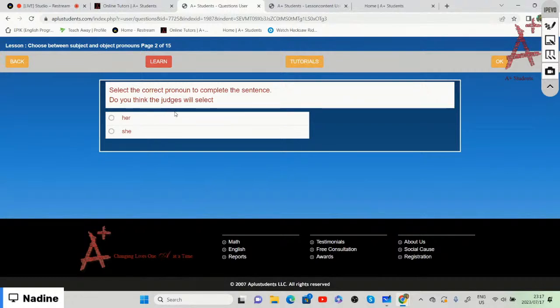Do you think the judges will select her or will select she? We need to choose the correct pronoun to complete the sentence. Her or she. Do you think the judges will select her, or do you think the judges will select she?